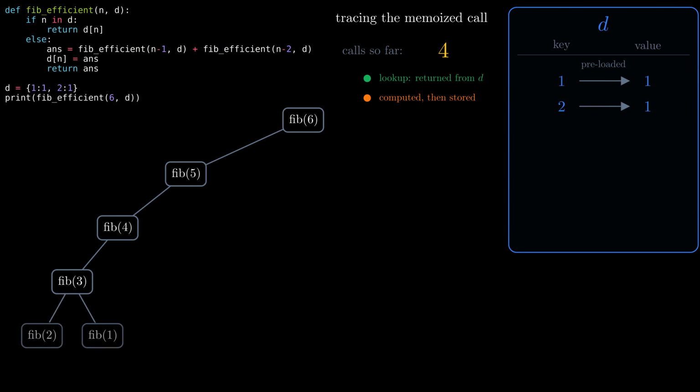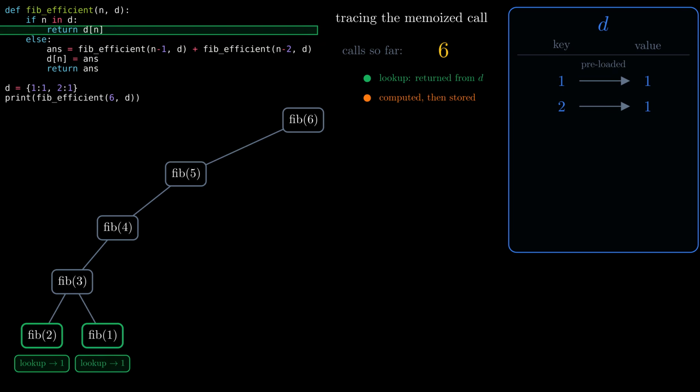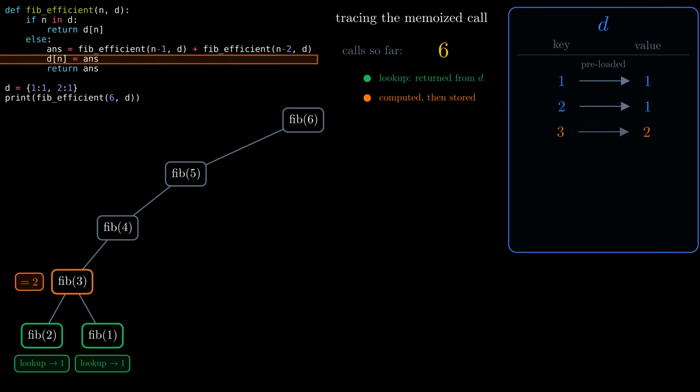At 3, the two recursive calls finally hit the dictionary. 2 is a key, so it returns 1 immediately, and 1 is a key, so it returns 1 immediately. Now we know Fibonacci of 3 is 2, and before passing it up, we store it. Key 3, value 2.